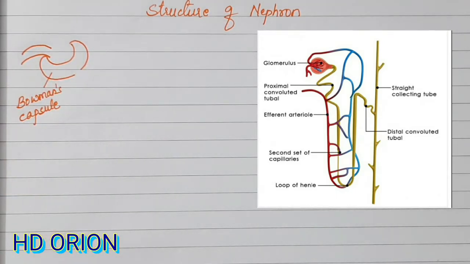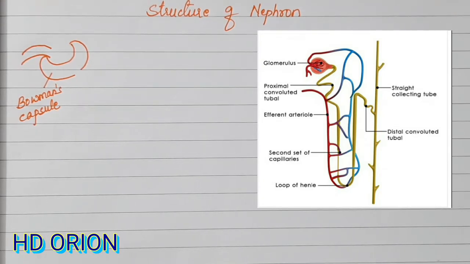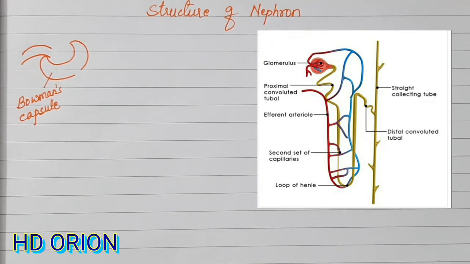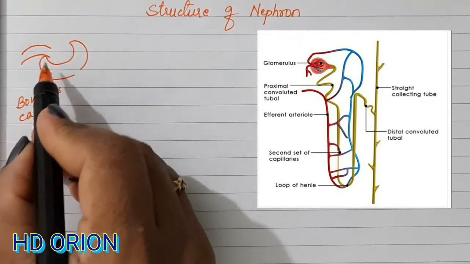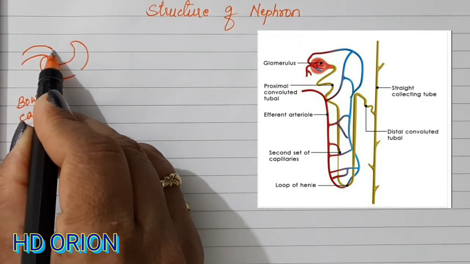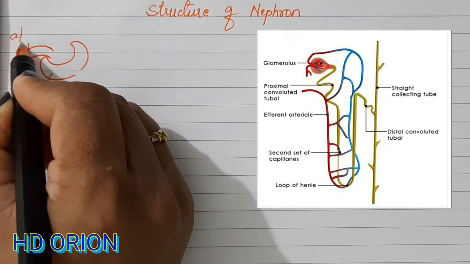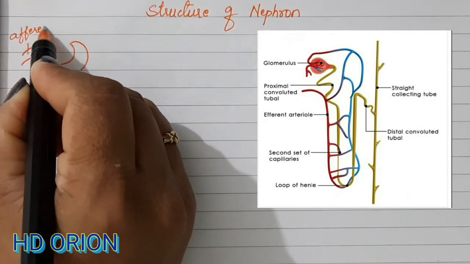The afferent arteriole is made up of from the renal artery. When we were studying the structure of kidney, we studied that the renal artery enters inside the kidney. Now the renal artery divides to form arterioles, and arterioles further branch to form the capillaries. So anything which enters in is often referred to as afferent. So this is entering inside this Bowman's capsule. So we will call this as afferent arteriole.